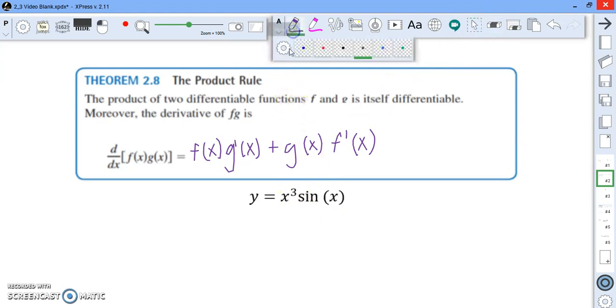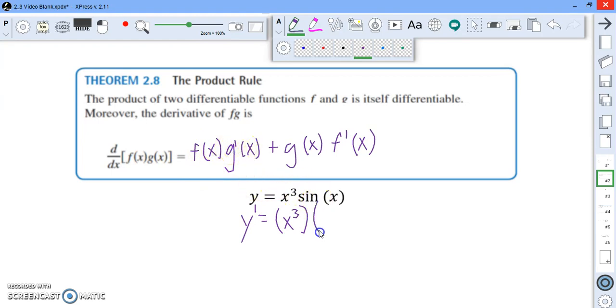Is this. I have x cubed, I have sine. I know the derivative of either by itself. The derivative of the product, I can figure out using the product rule. I do the first thing, x cubed in this case is my f. I do the first thing times the derivative of the second thing.